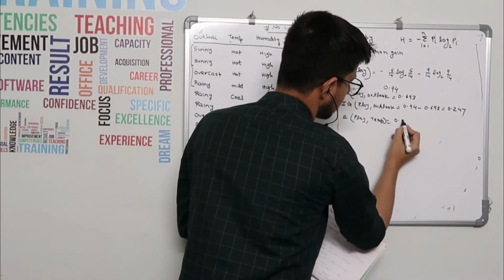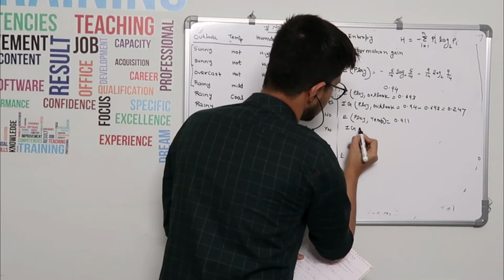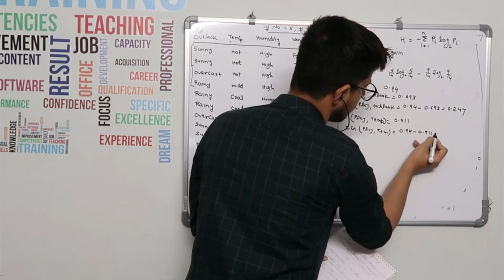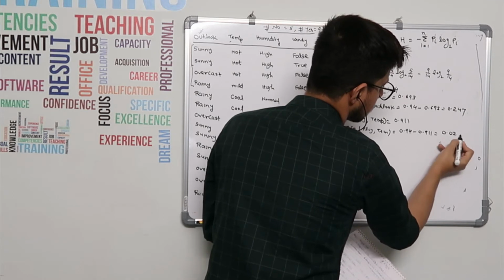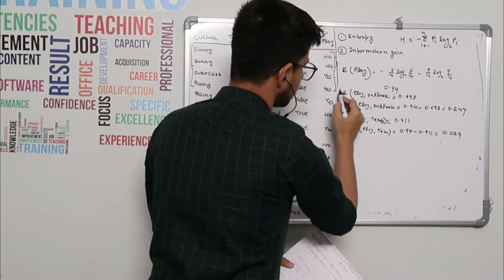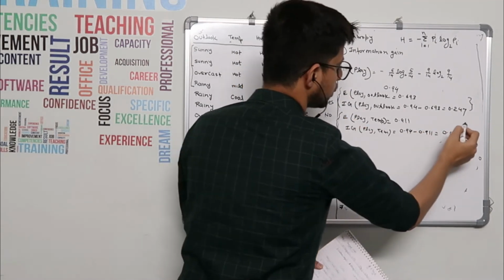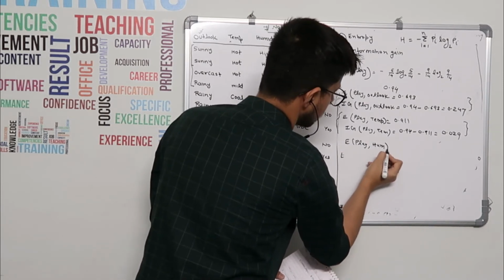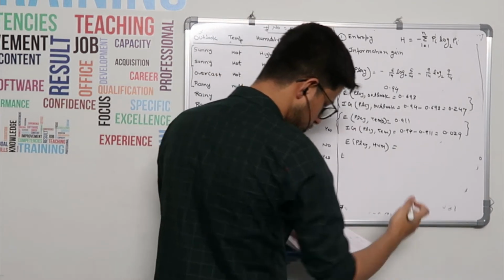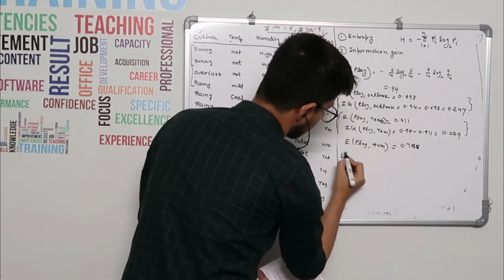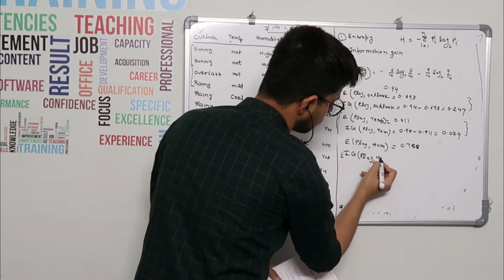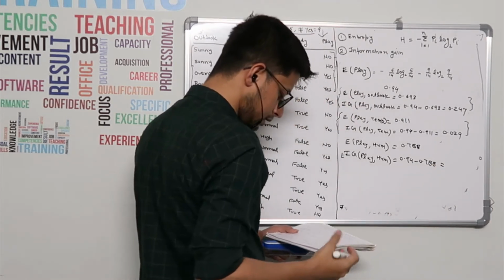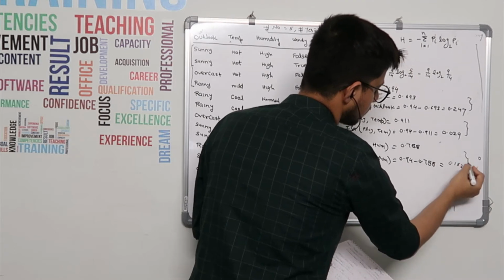It will come to 0.911, and the information gain of play with respect to temperature is 0.94 minus 0.911, which is 0.029. Then the entropy of play comma humidity will come to 0.788, so the IG of play comma humidity is 0.94 minus 0.788, which is nothing but 0.152.